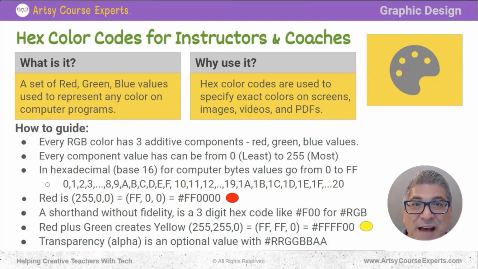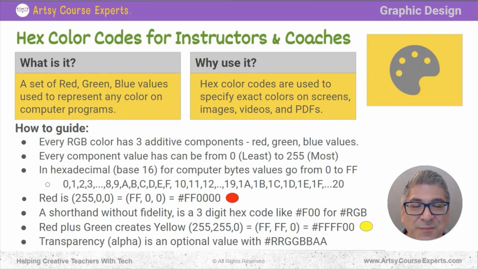Let's just talk about the 3 values. So red is 255, green is 255, and blue is 0. And in hex, that would be FFFF00. When you write it all out as a hex color code, remember, it's from left to right, red, green, blue, so it's hashtag FFFF00. And that's how yellow appears on the screen.